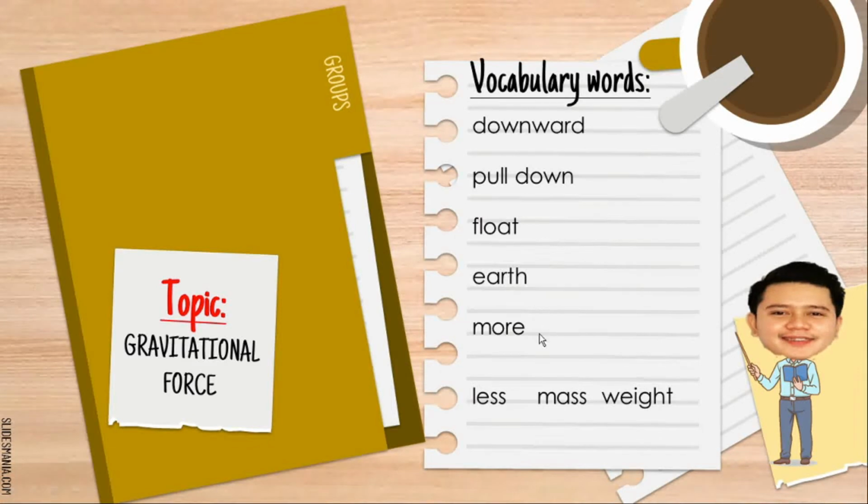Earth. Next, more. More. Next, less. Less. Next, mass. Mass. And the last one, weight. Weight. And that is all the vocabulary words.